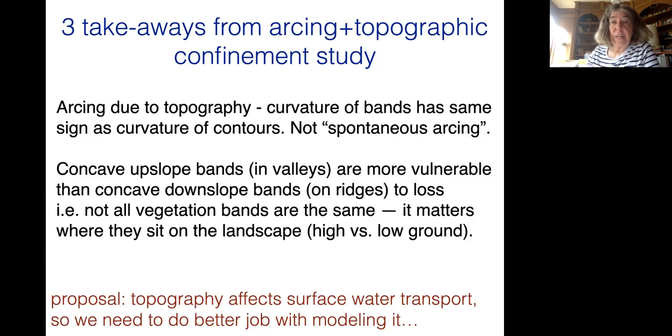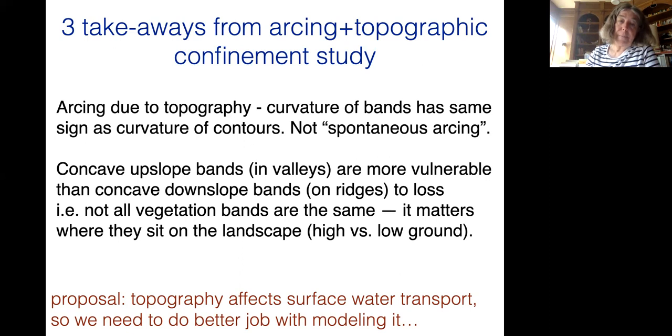And so the takeaways that we had from that study were that at least in the regions we were looking at, the arcing was due to topography, and the curvature of the bands was the same as the curvature of the contours, and it's not a case of some kind of spontaneous arcing on a uniform hill slope.